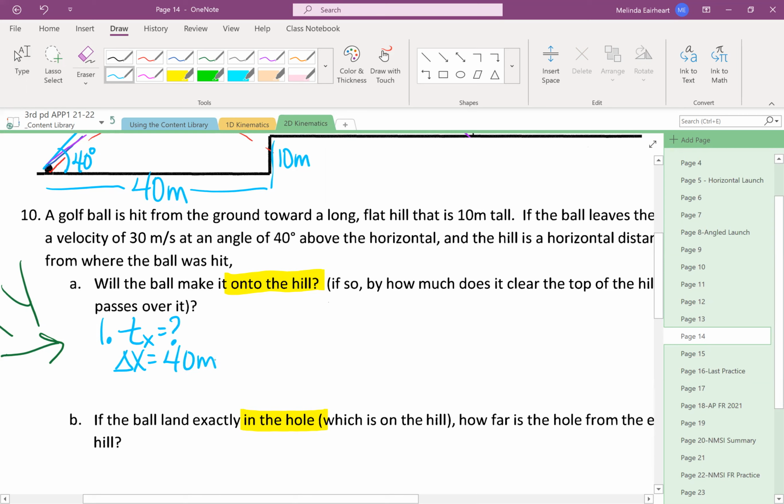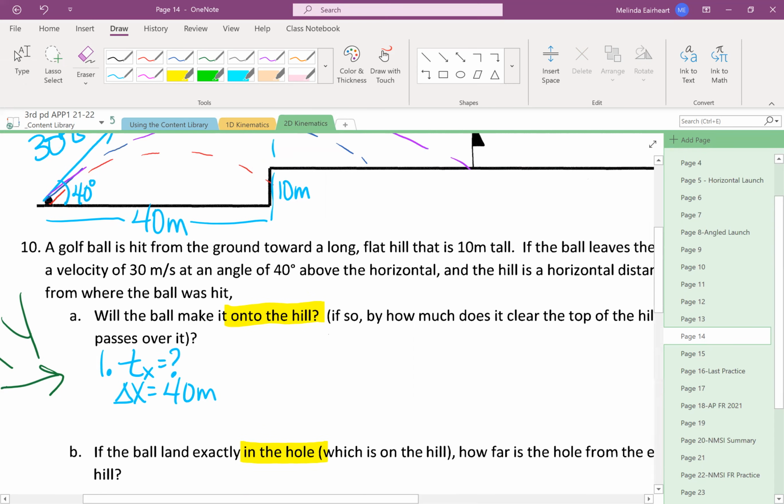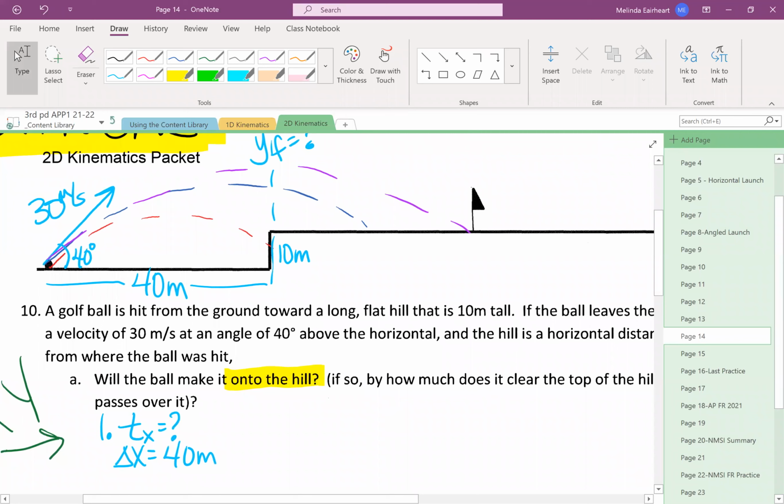Notice part A is just caring about to the hill, where B, C, and D are talking about the hole. What else do we know horizontally? What about 30 meters per second? Is that our horizontal velocity? No, that's the one at an angle. It's not horizontal or vertical.